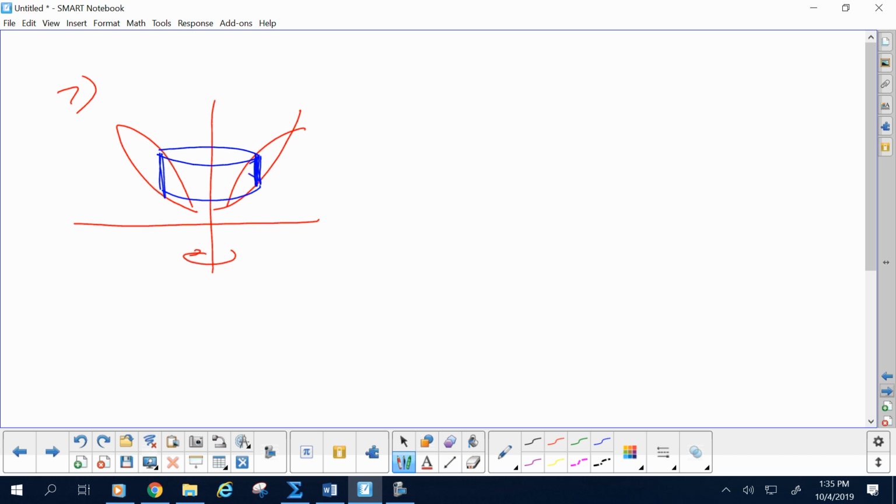Cylindrical shell or washer? Shell. Okay. So, shell unwrapped is this. The thickness is dx or dy? dx. This bottom edge corresponds to the circumference, so it's 2 pi x or y? X.